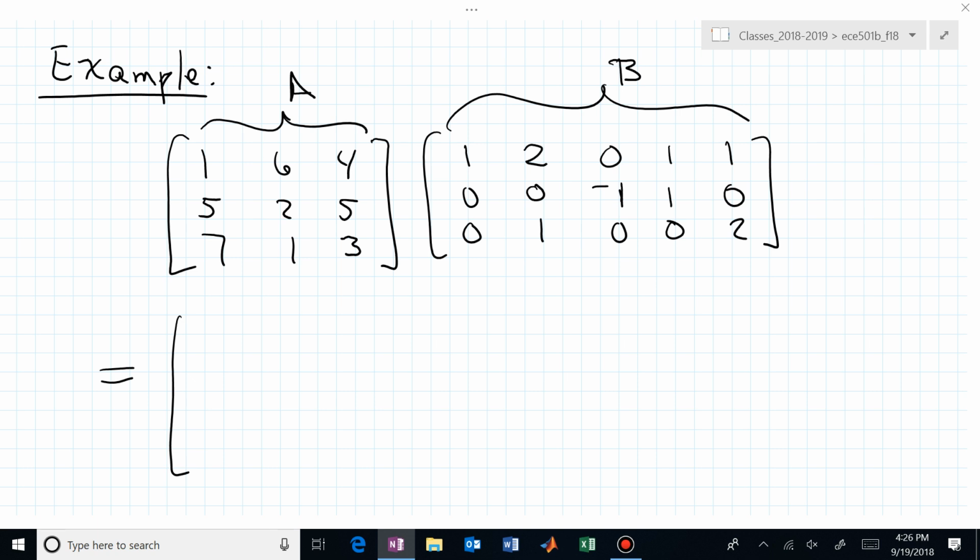So what I would like to suggest is I'm going to now think of this matrix multiplication as taking the columns in B and using those columns to weight the columns in A. Meaning, the first column of B is really saying take the first column of A and scale it by 1. Take the second column and scale it by 0, and take the third column and scale it by 0. So really the result is just a copy of the first column of A.